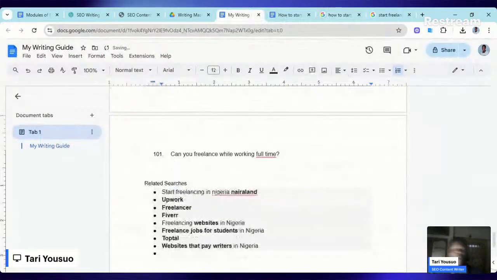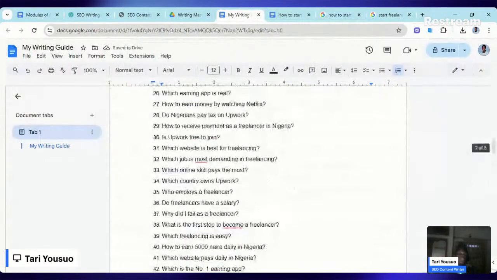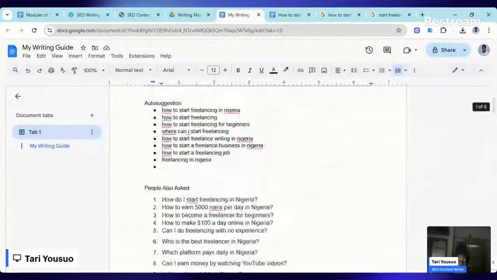All right. Next step after you've gotten this is to go through the questions in different sections to draw out common patterns and themes so that you can build out your outline. So, auto suggestion: how to start freelancing in Nigeria, how to start freelancing for beginners, where can I start freelancing, how to start a freelance business.